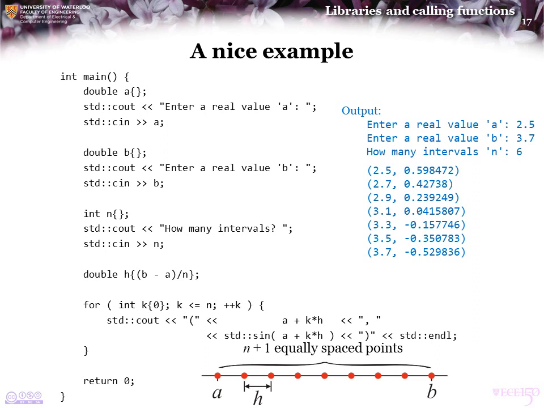Together with these, we have the value of sine at those points printed to the screen. As you will notice, 3.14, which is pi, lies between 3.1 and 3.3, and sine for x less than pi is positive, and sine for x greater than pi is negative.